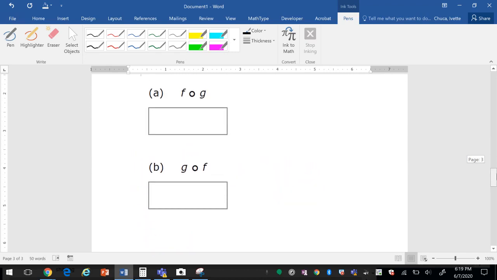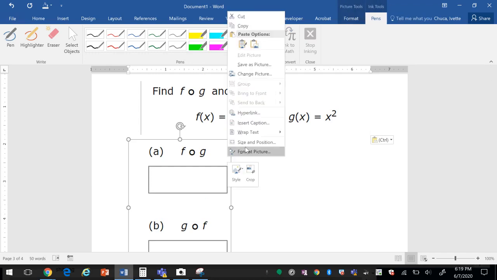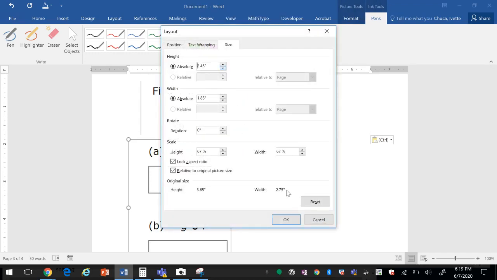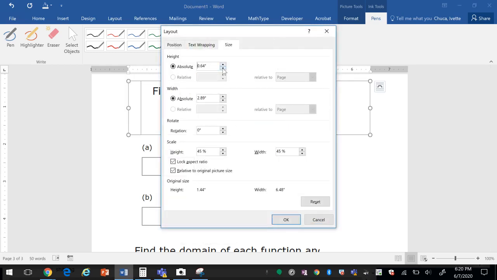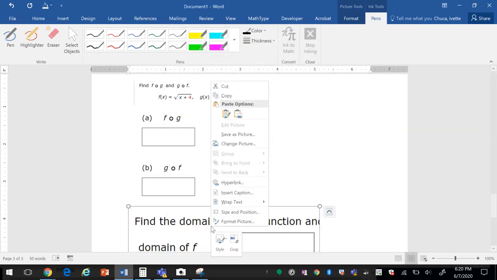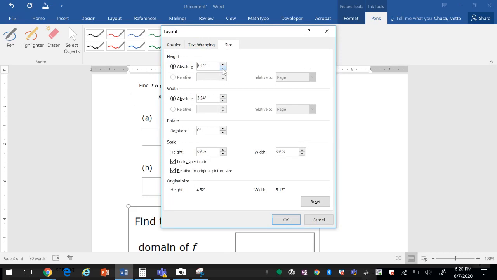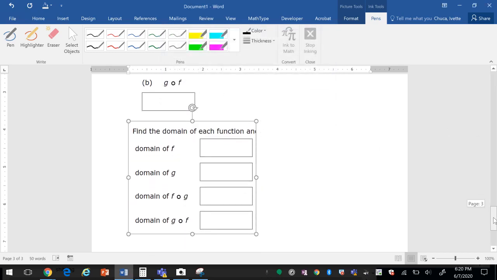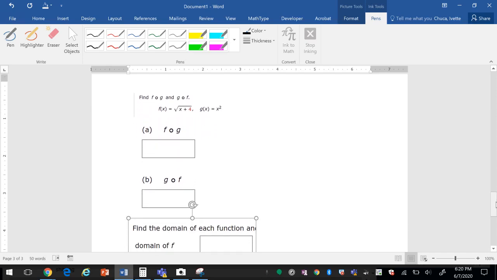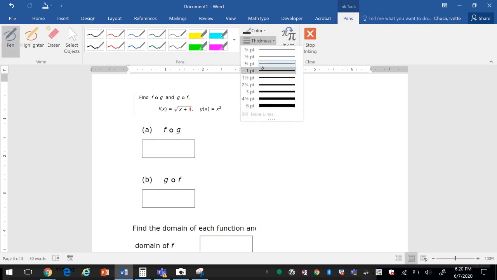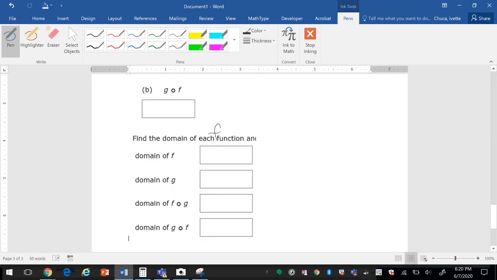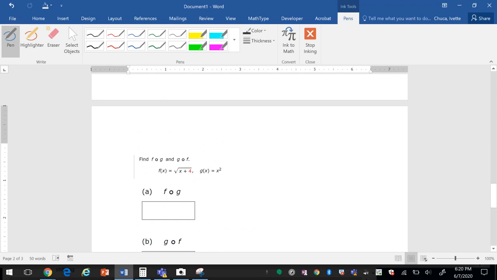So the domain of f, make this smaller. So let's do the composition. So here we have f composed of g of x.